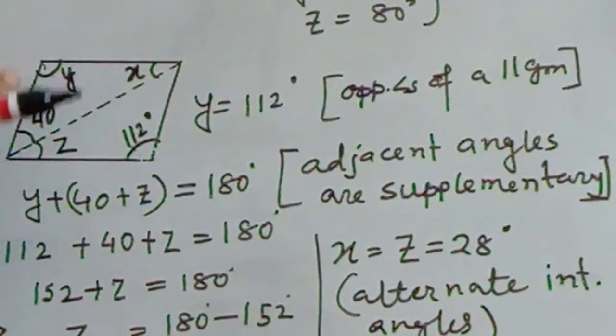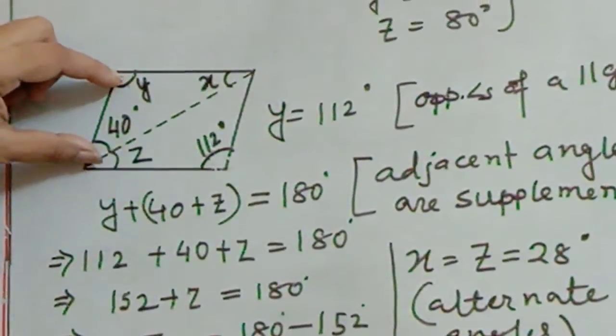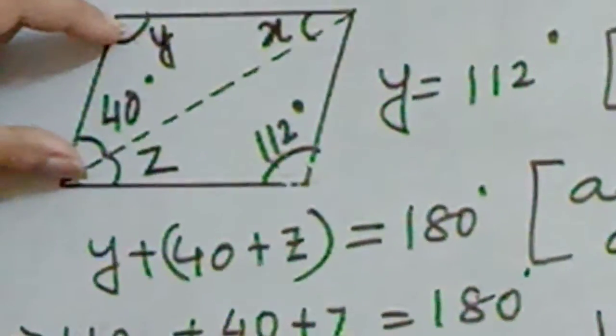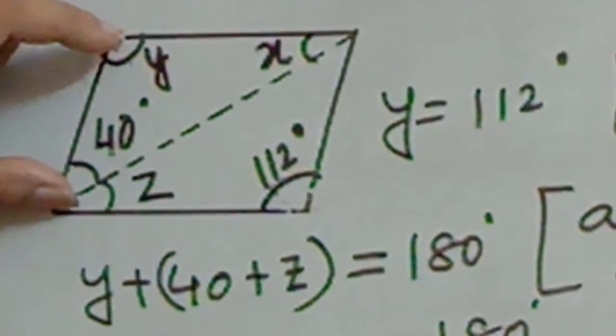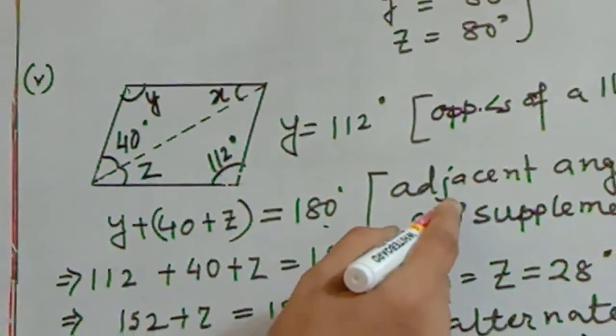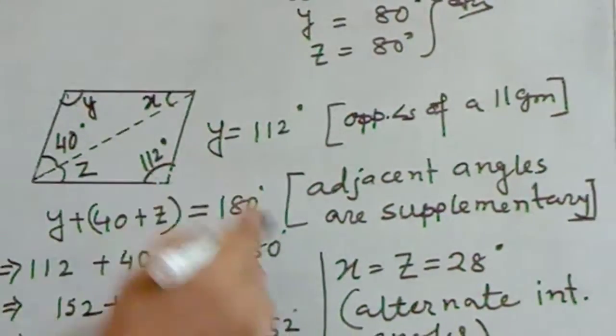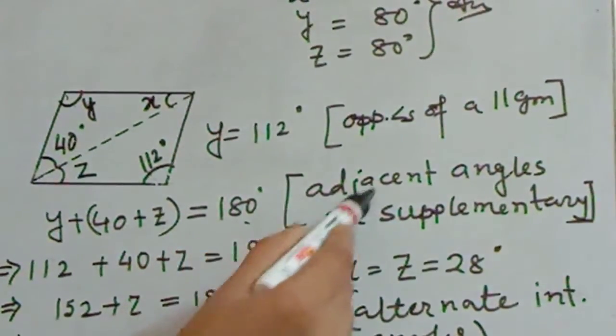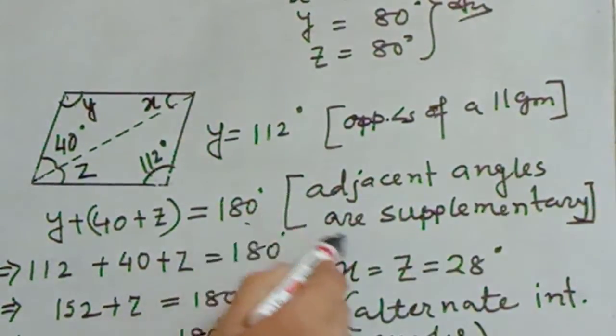Now y and these two angles are adjacent angles, and adjacent angles are supplementary. So y plus 40 plus z is equal to 180 degrees. Write the reason here; without the reason the sum is incomplete, students. So always you have to write the reason.